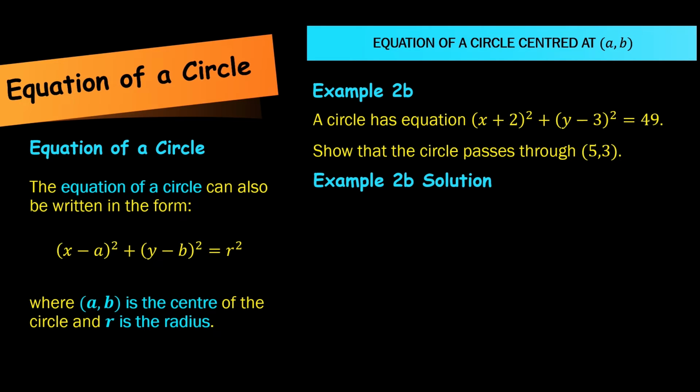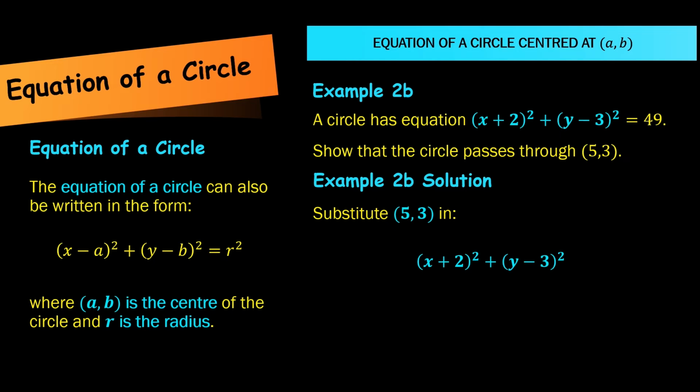So let's solve this. Substitute (5, 3) in (x + 2)² + (y − 3)². We intend to show that this equals 49, and this will prove that the circle passes through the point (5, 3). So let's substitute in the values. x equals 5 and y equals 3 are input here and here.